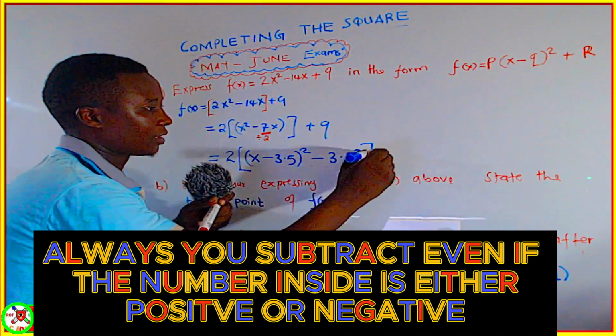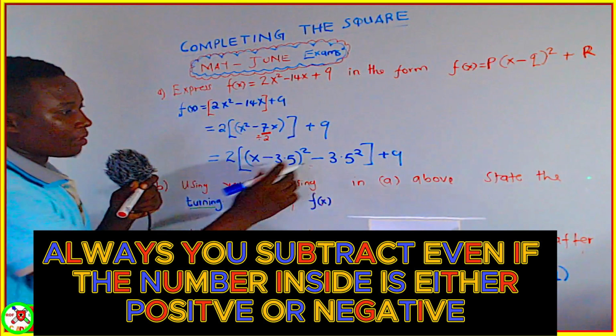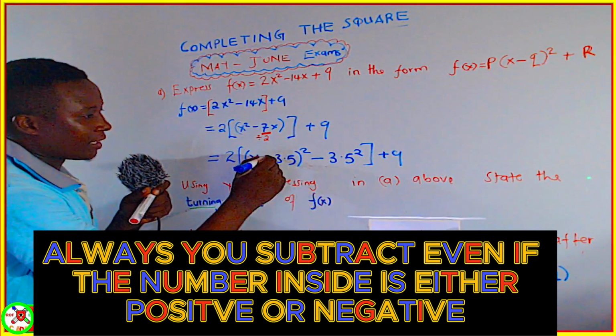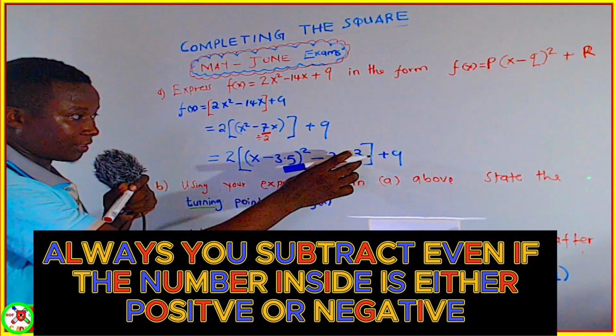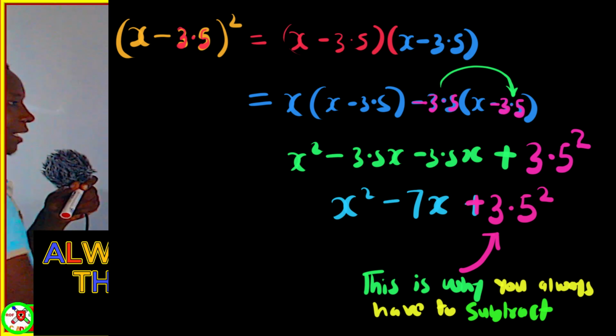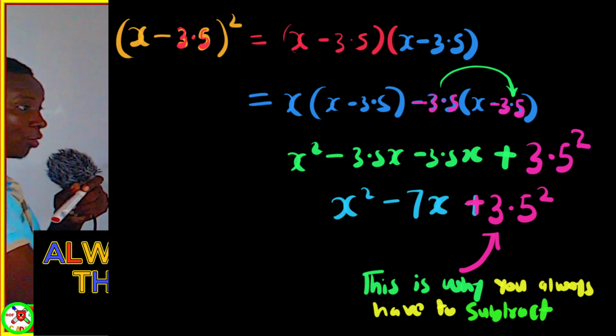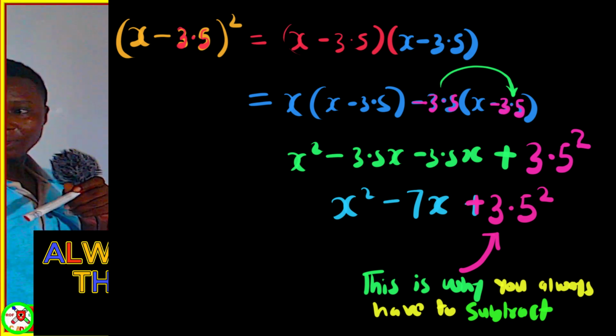You subtract it, then plus 9. So always, even if this number is a negative, you always subtract it when you are squaring it at this particular point. And the reason why we are doing this, if you expand this, you are going to get eventually 3.5 squared. So we are going to subtract it so that we can cancel that effect.